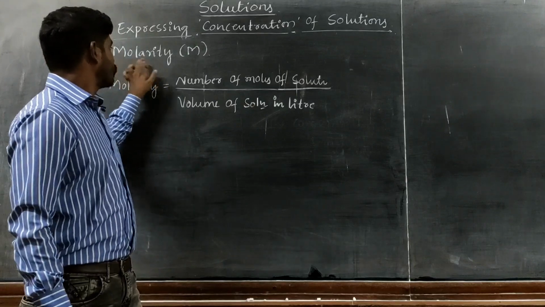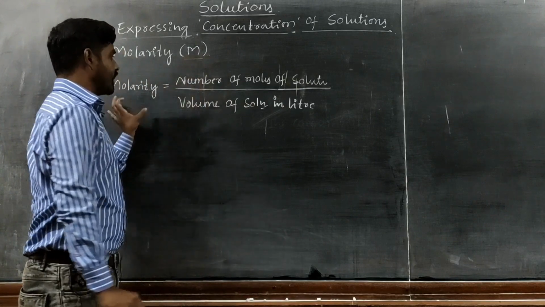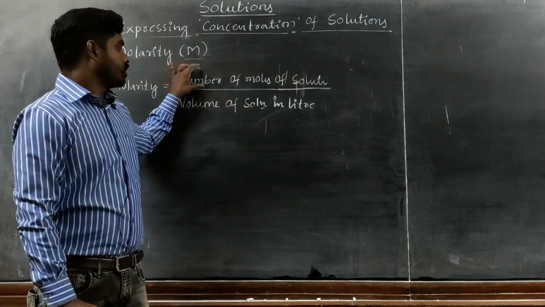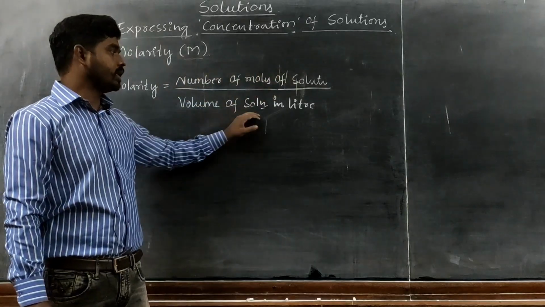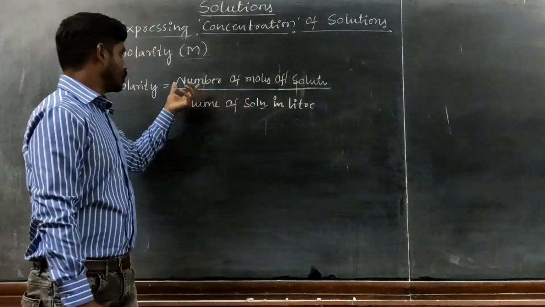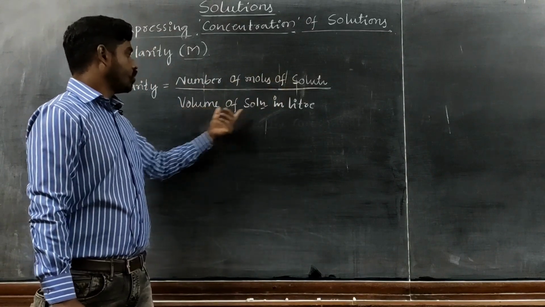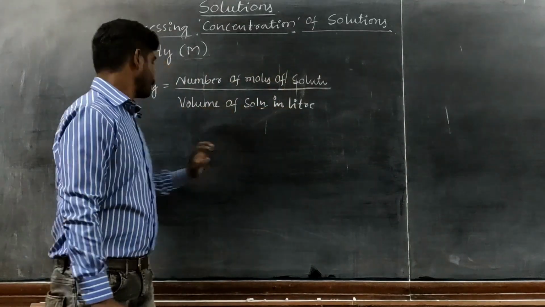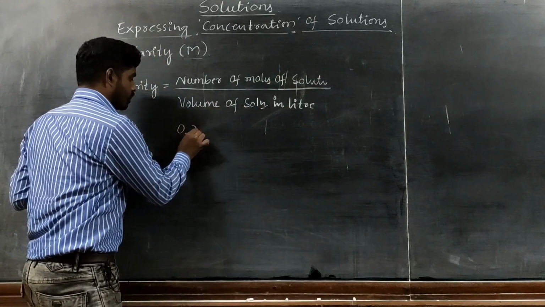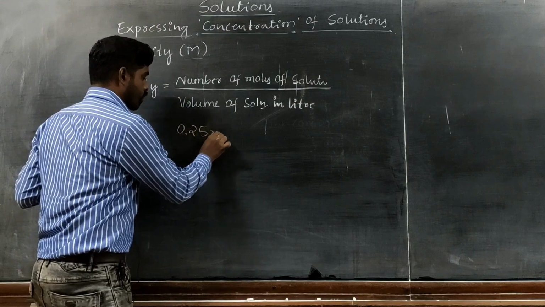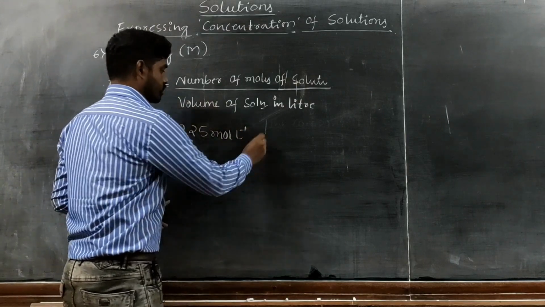So the sixth one is molarity. It is denoted by capital letter M. So molarity is the total number of moles of solute dissolved in 1 liter of the solution. So suppose if I take 0.25 mole per liter of NaOH.